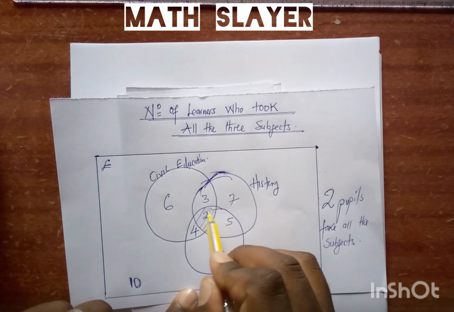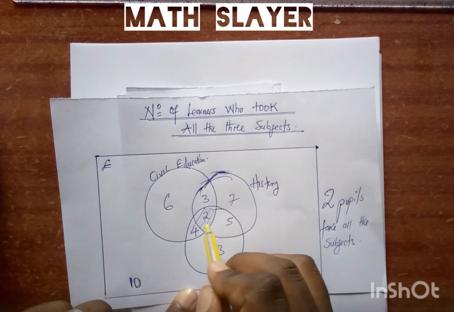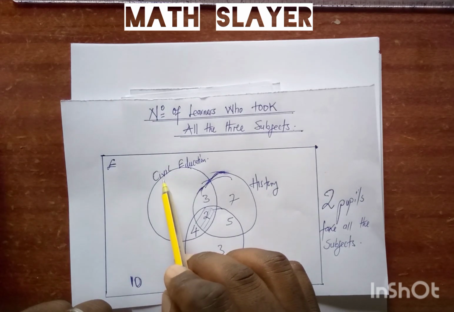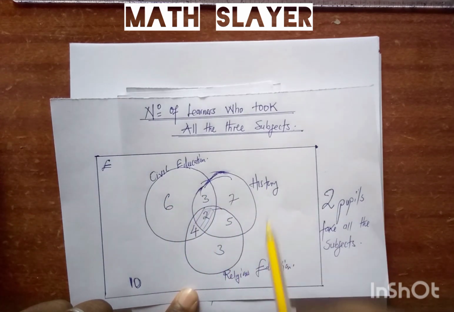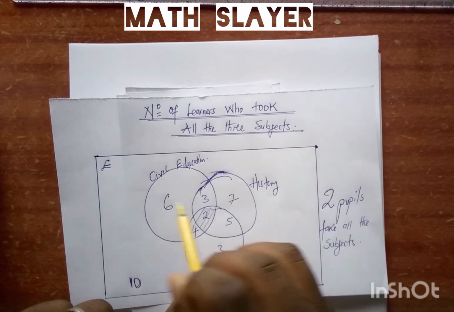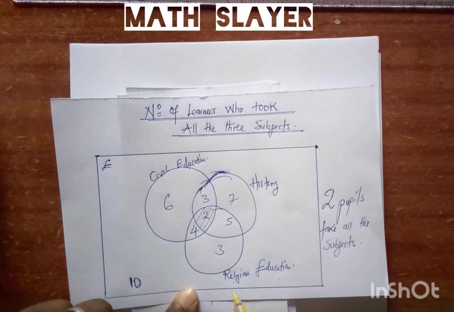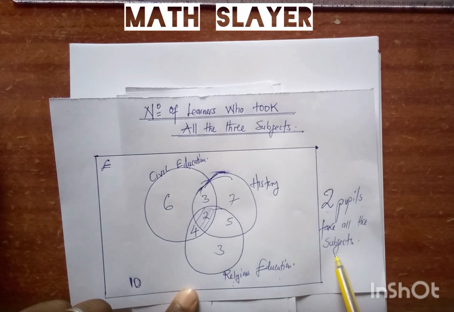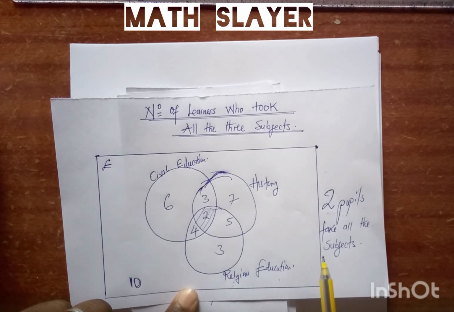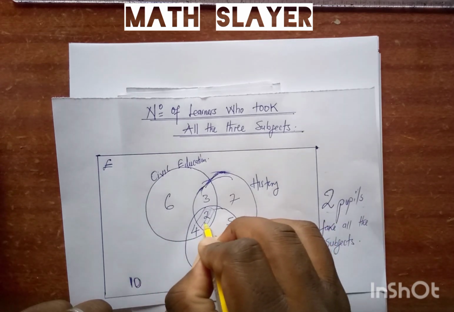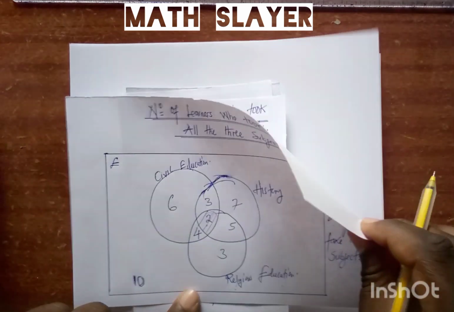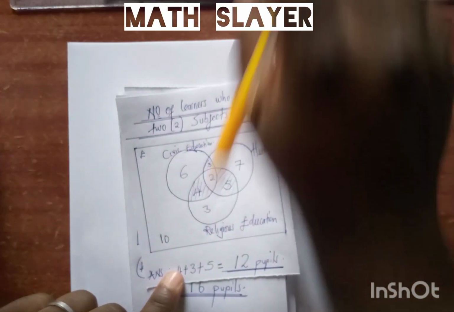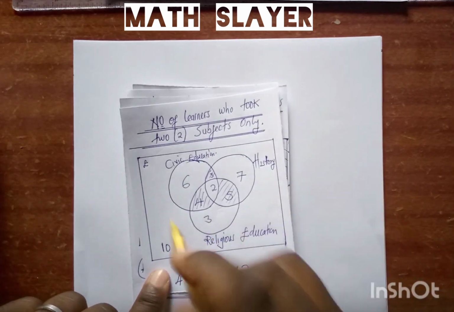As you can see, it is bounded by the circle for civic education, the circle for history, and the circle for religious education. So this is the intersection of civic education, history, and religious education. Therefore, 2 represents the number of pupils who took all the three subjects. Don't forget, to know the number of learners who took all the three subjects, just go to the middle.